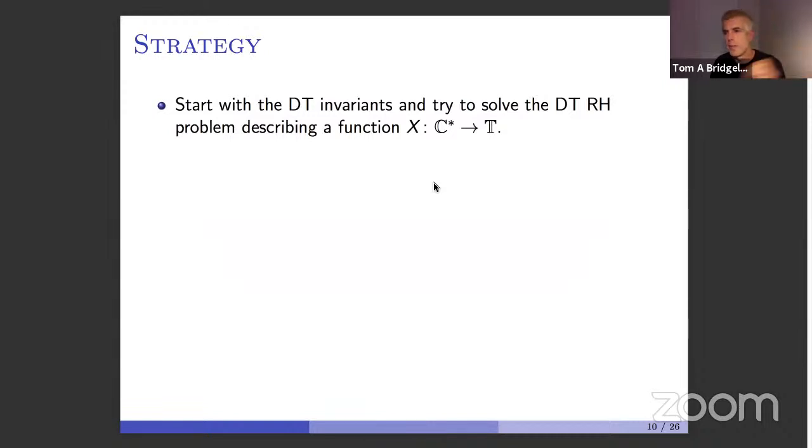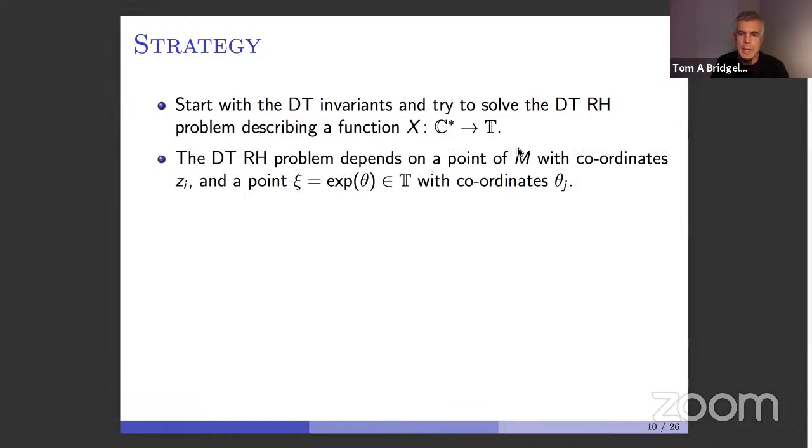So the basic routine we're going to follow is to start with the DT invariants and try to solve this problem, describing a function into the torus. M is my space of stability conditions. This Riemann-Hilbert problem depends on a point of that and a point of this torus, which has these coordinates theta.